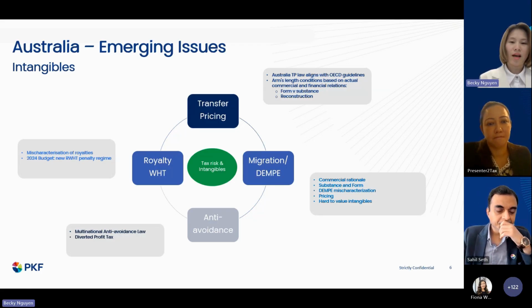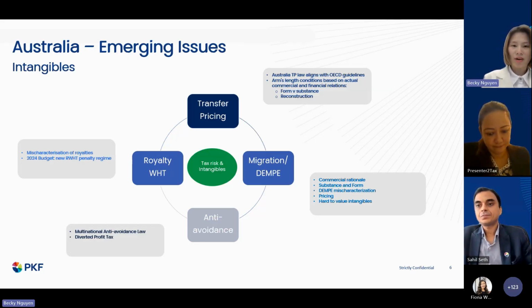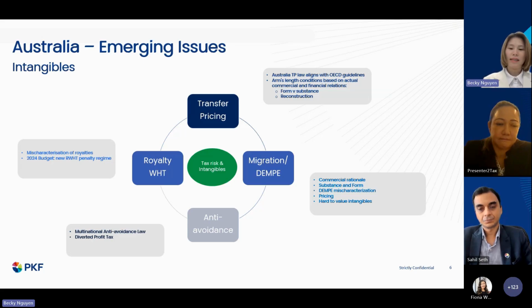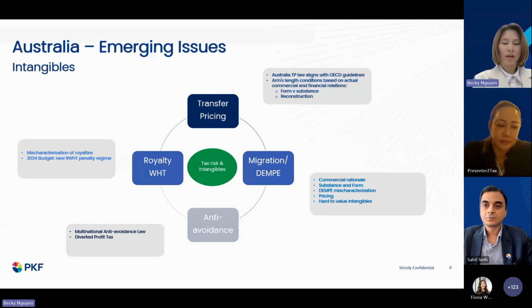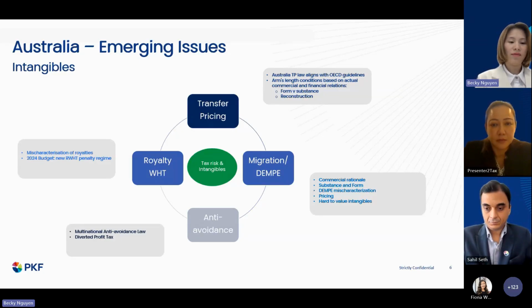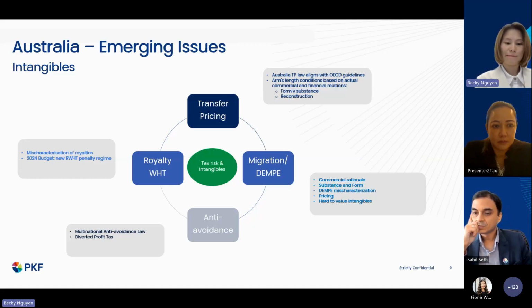In terms of common mistakes, we want to highlight at least one here, which is mischaracterization of DEMPE activities. For example, we have a holding company that is characterized as the legal owner of an intellectual property, but in reality, it doesn't get involved in any of the activities of development, enhancement, or protection of that intangible asset.